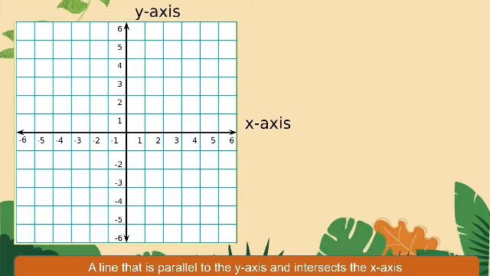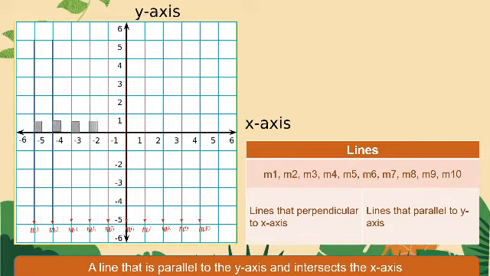The next is a figure of a line that is parallel to the y-axis and intersects the x-axis. We can see from the figure that lines M1, M2, M3, and so on until M10 are lines perpendicular to the x-axis, and they are lines parallel to the y-axis.